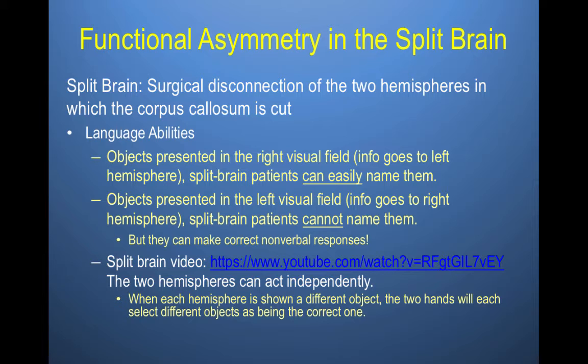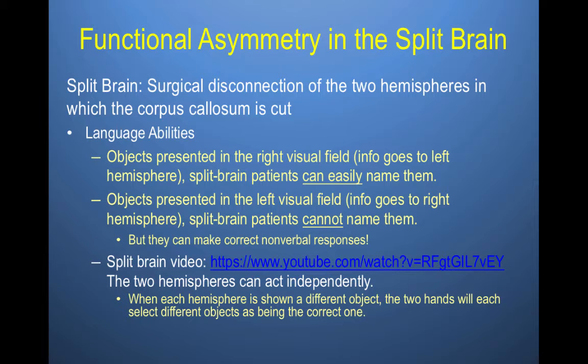What they find, though, is that language abilities differ based upon where information is presented. So objects presented in the right visual field, that information goes to the left hemisphere. When that occurs, split brain patients can easily name that information. However, objects presented in the left visual field, this information goes to the right hemisphere, and because that is not the language processing side of the brain, split brain patients generally cannot name those objects.